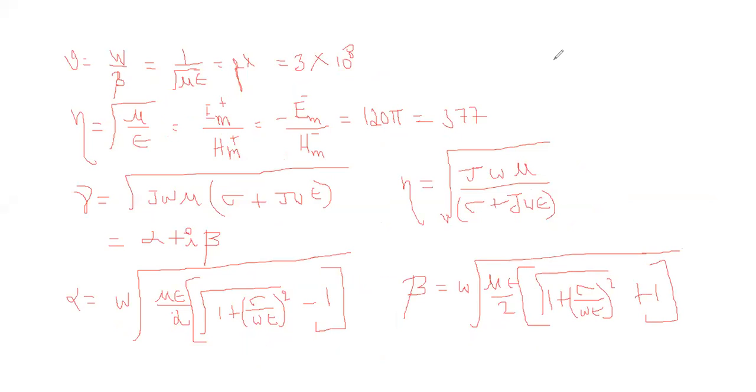We already derived that velocity v is equal to 1 by under root of mu epsilon and eta is equal to under root of mu by epsilon. We get that from these equations only. You see here, sigma plus j omega epsilon. In free space, the conductivity is 0, means sigma is 0.